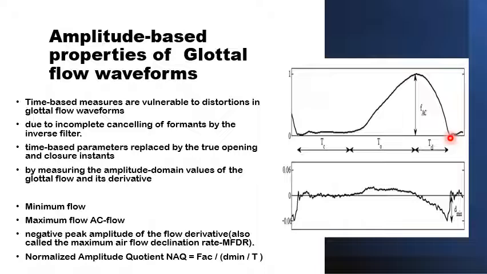These impurities would allow some indecisiveness in the identification of the exact moment of the start and the closure. If there is incomplete cancelling of the formants, the effect of the filter on the signal is not completely removed. The exact start and end point of the phases can be difficult to identify.